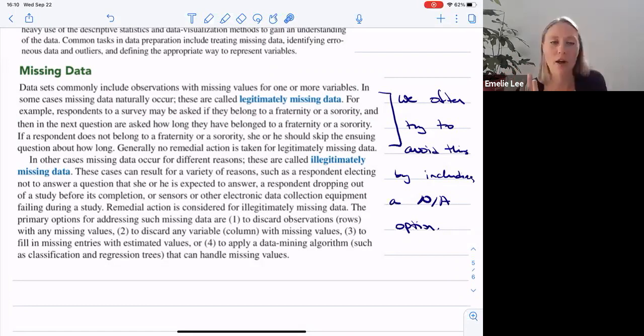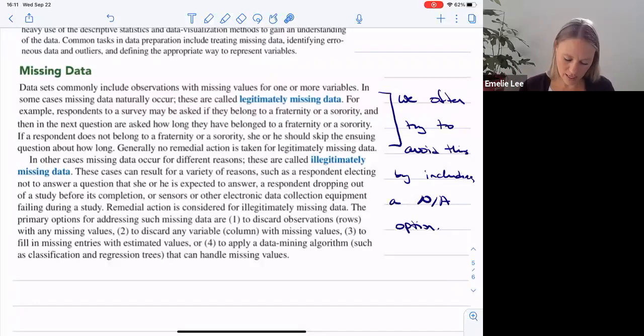Does it depend on another variable that I've already answered, right? Or does it depend on the number that I'm about to give you, right? And so those would be two different illegitimately missing data scenarios. Or did I just forget to answer? That would be another illegitimate missing data option.